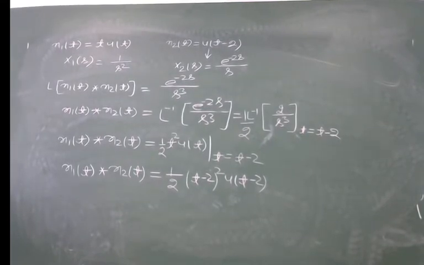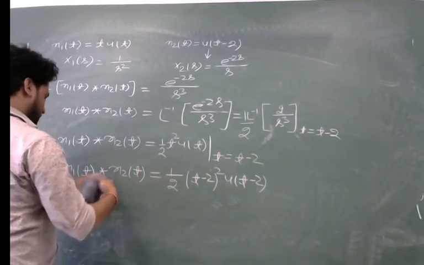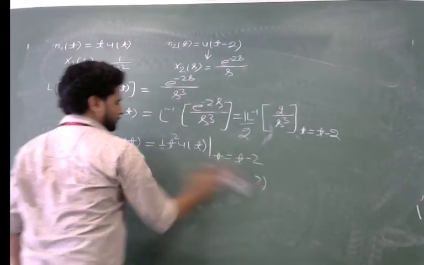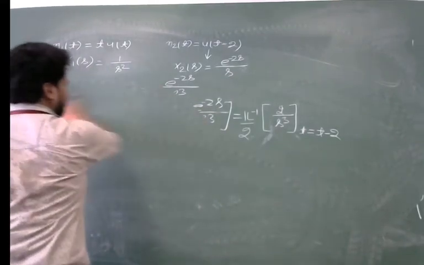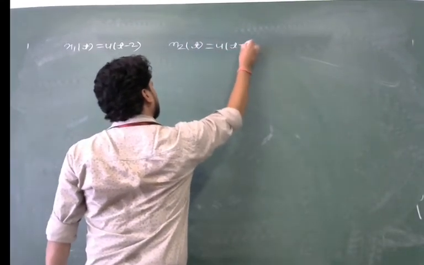Now consider another example in which both the signals are given as u(t minus 2). x1(t) is given as u(t minus 2), and x2(t) is also given as u(t minus 2), and we have to get the convolution of these two signals. So the procedure is simple.